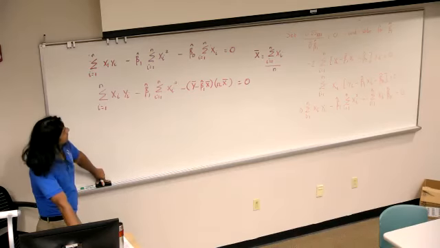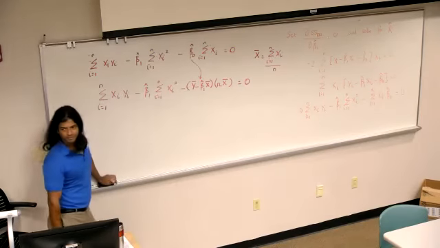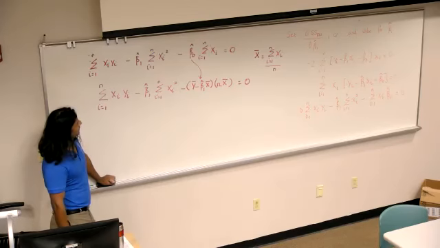Where did y bar minus beta 1 hat x bar go? I'm replacing it, because we solved for that earlier. So I'm plugging it back in.